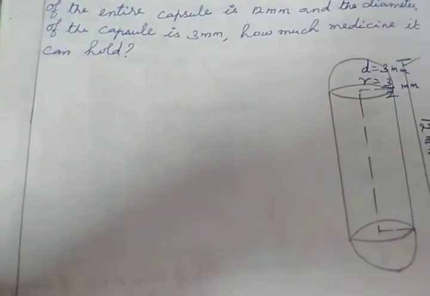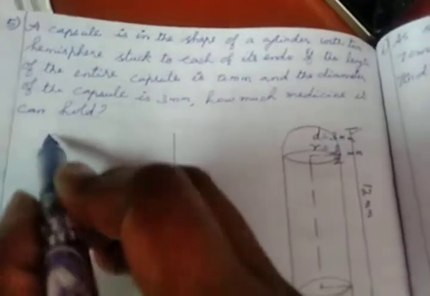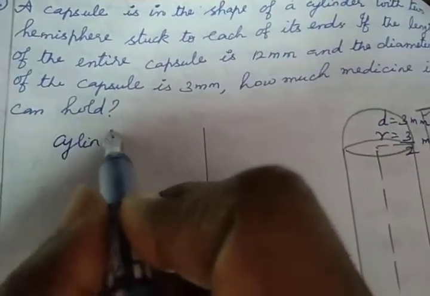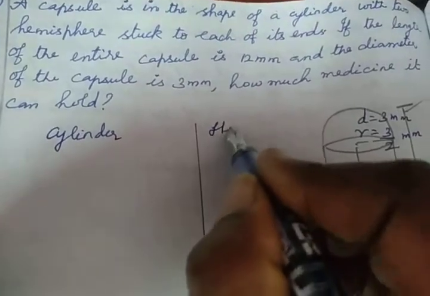Now I'll divide the page into two to write the measurements. One part is cylinder, the other one is hemisphere.